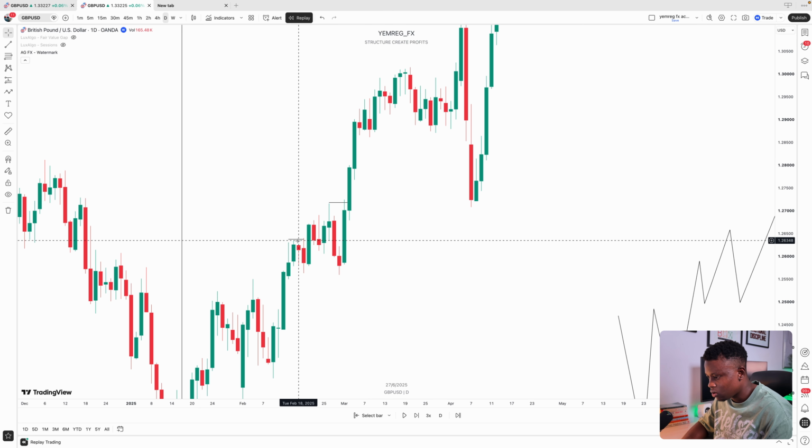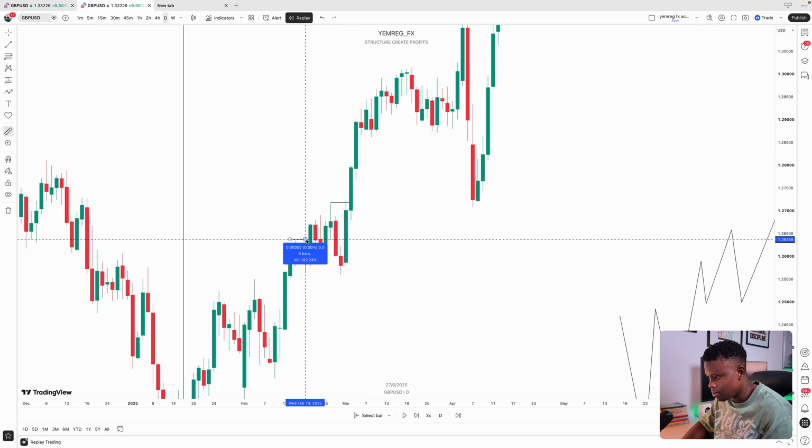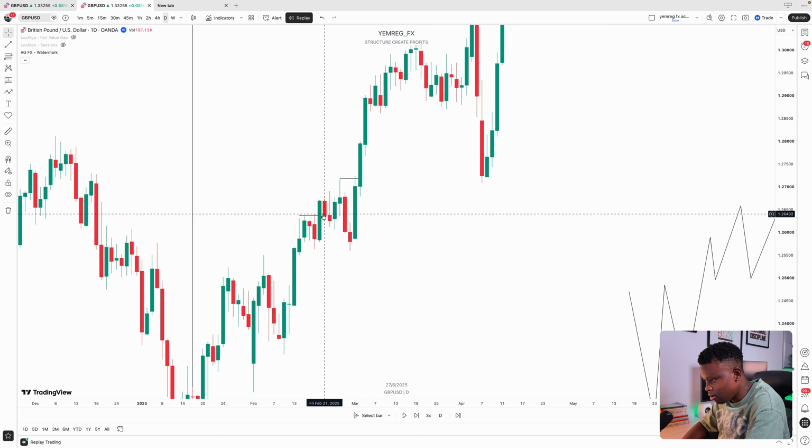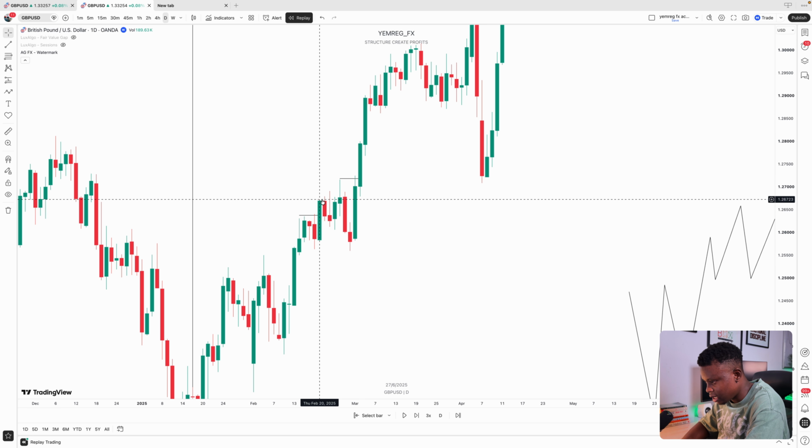And this is where a lot of traders make this mistake. They mostly confuse a pullback for a reversal. This is the last break of structure before price moved up and came down.